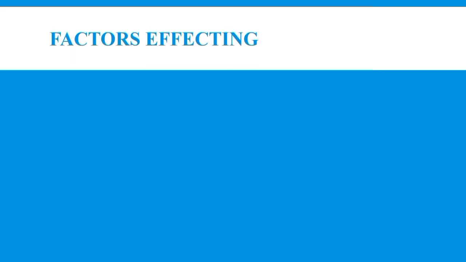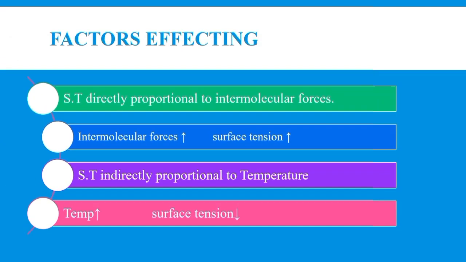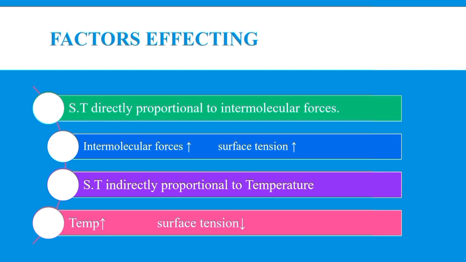Proceeding to the next slide, factors affecting surface tension. Surface tension is basically because of the attraction between molecules. When there are greater intermolecular forces, the forces between two molecules or two atoms in a liquid, they are more strongly bound and more linked to the surface, which results in an increase in surface tension.